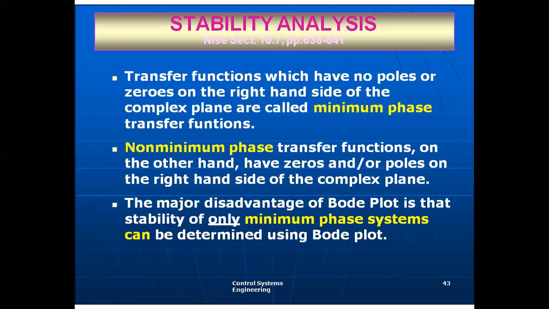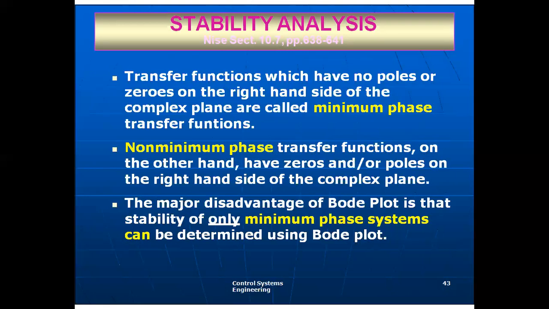Okay. A system having poles and zeros on the right hand side of the complex plane, normally that transfer function is called a non-minimum phase transfer function.